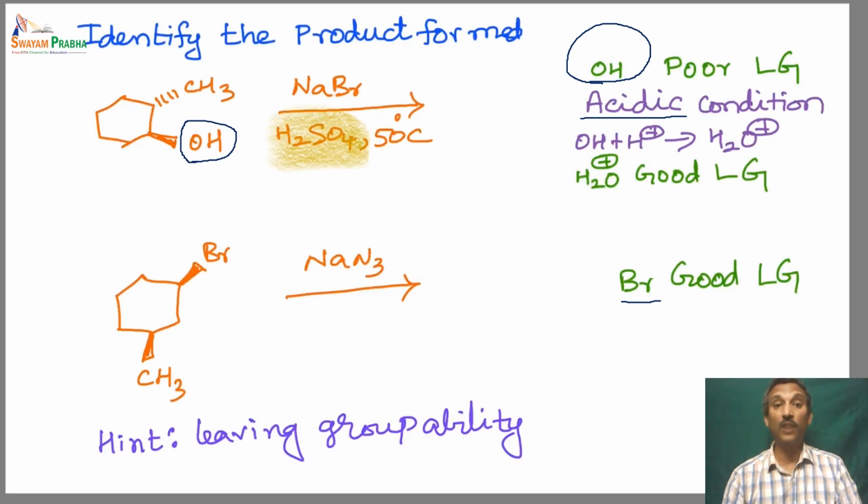This is one of the hints you have to remember. OH as such cannot be replaced that easily. But when the OH is converted under acidic conditions to H2O+, that becomes a very good leaving group. Remember this.